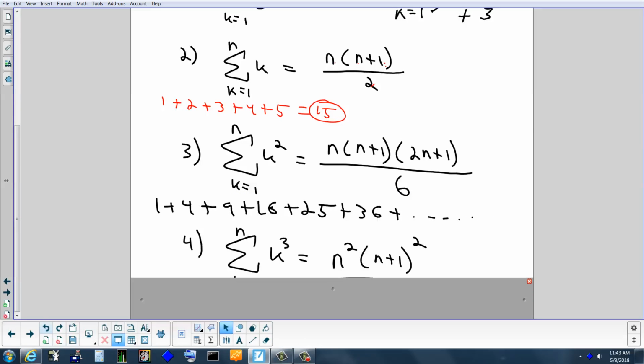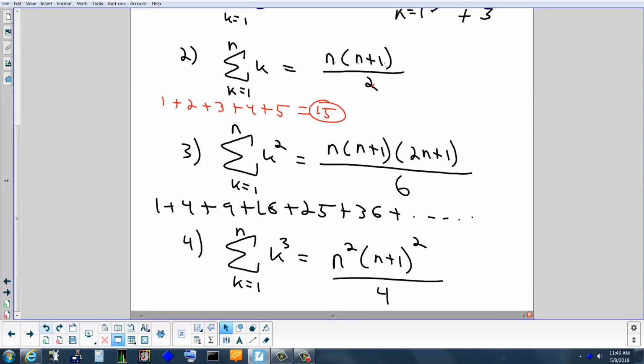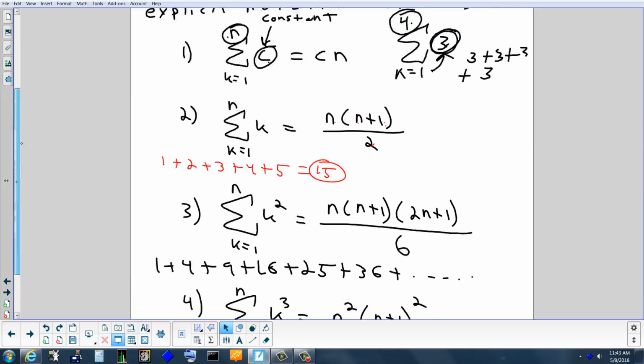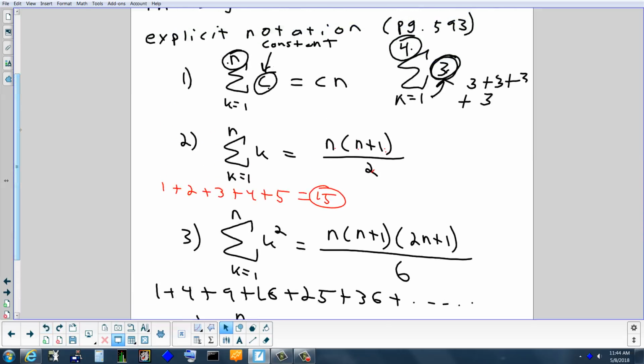Okay. There's also a formula for adding up cubes. You don't need to know the cube one. We're not going to do that one. So just up to squares. In fact, you can come up with a formula for anything you want. If it's used often enough, somebody already has a formula. Someone already figured out how to do it, so you don't need to figure it out. Honestly, this one I could figure out by hand.